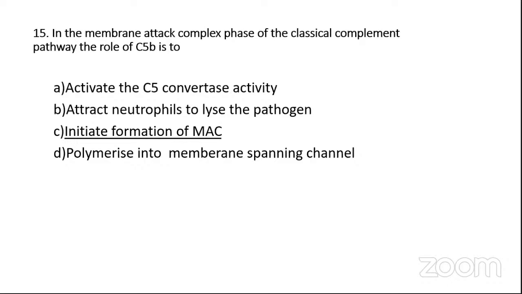It is initiating the membrane attack complex. C5b, 6, 7, 8 and 9 form the membrane attack complex. So the main function of C5b is to initiate the formation of the membrane attack complex. As far as C5a is concerned, it is anaphylactic as well as chemotactic, which we have already seen. Is it clear? Yes, ma'am.